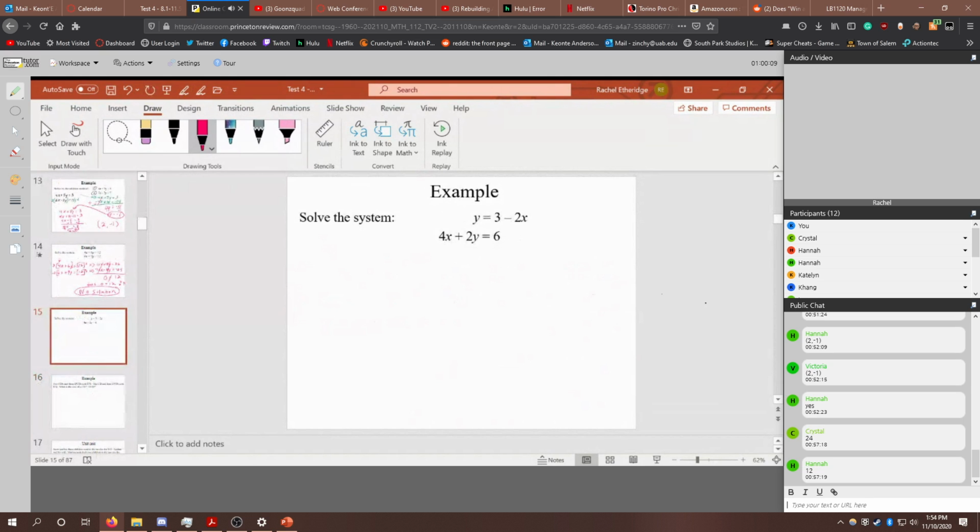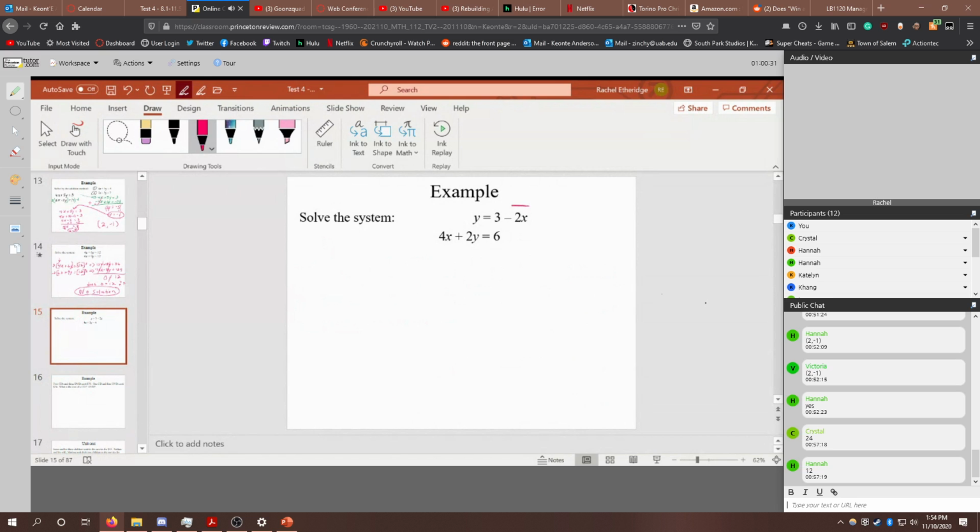So this might be what happens to this one. I'm going to solve this one by substitution rather than by elimination, because I've done several elimination problems, and this one is already in the form. So when you're solving these and it doesn't tell you which way, you should pick the easiest way.